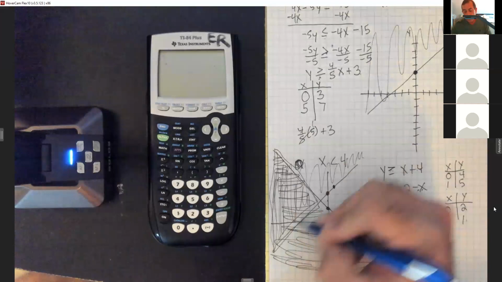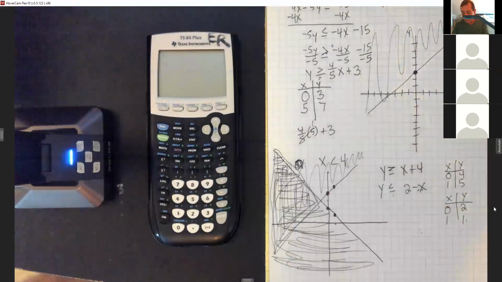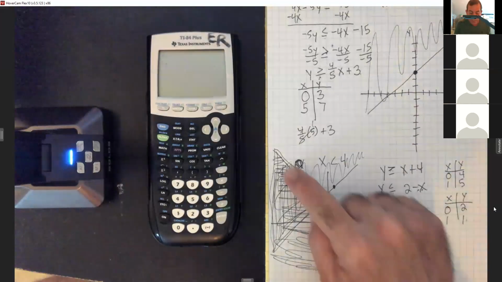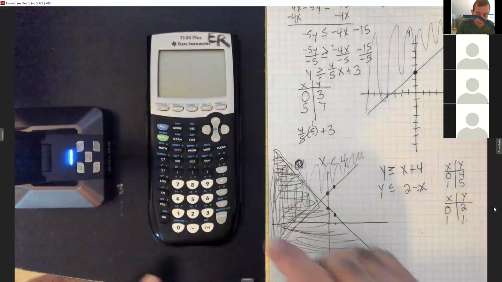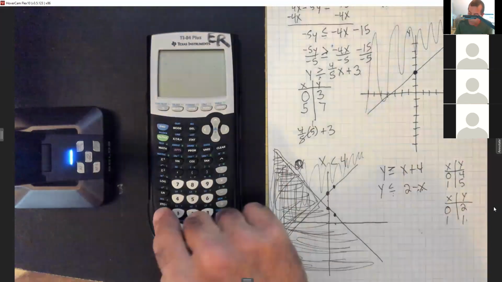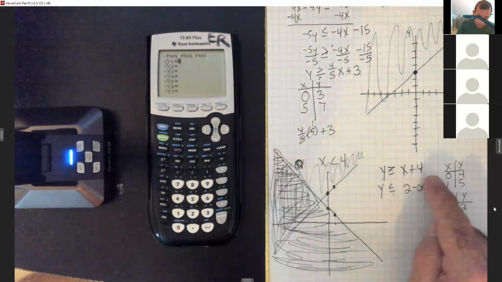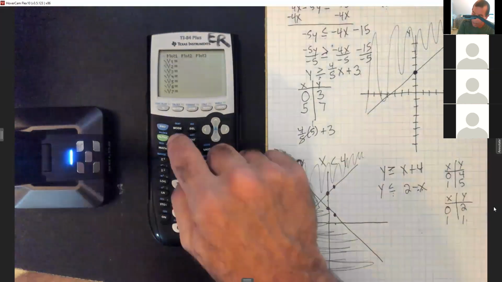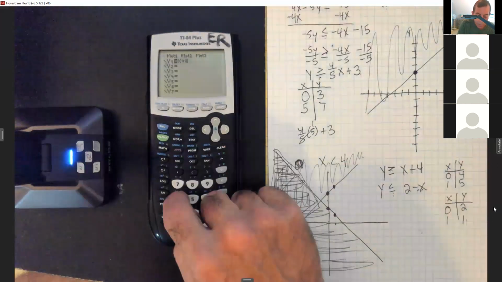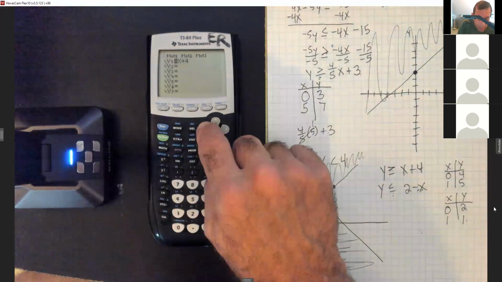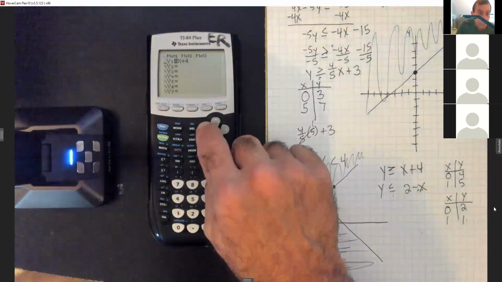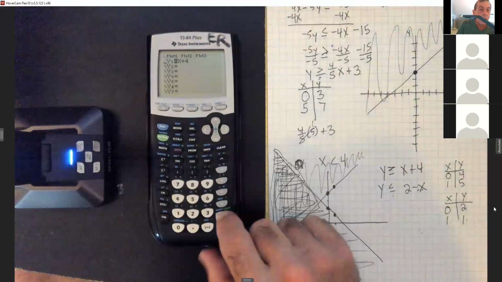So when I look at my MyMathLab, I'm going to only pick the one that has that shaded region. So I'm going to do this on the calculator real quick. So put in the x plus 4. Go all the way left, and hit enter till we got the triangle above. So I'm good now.